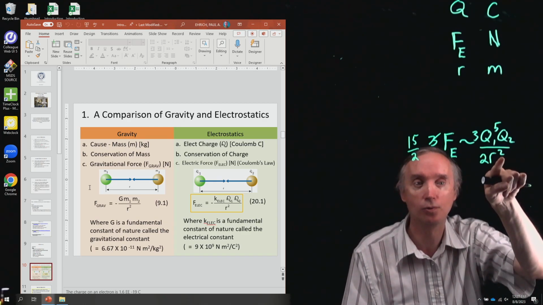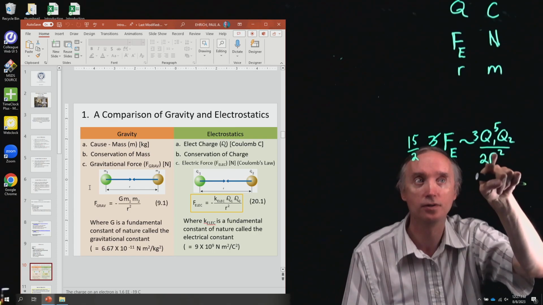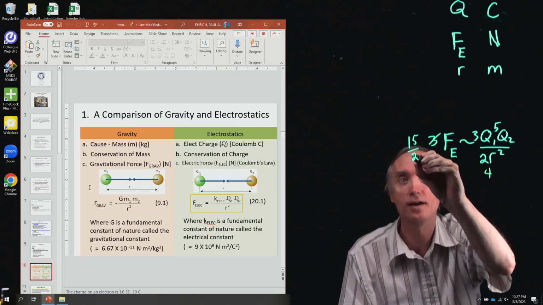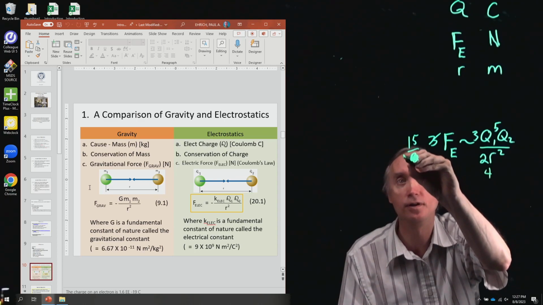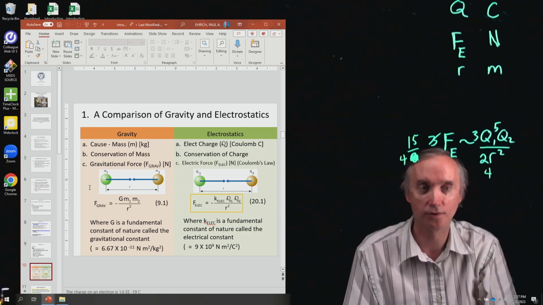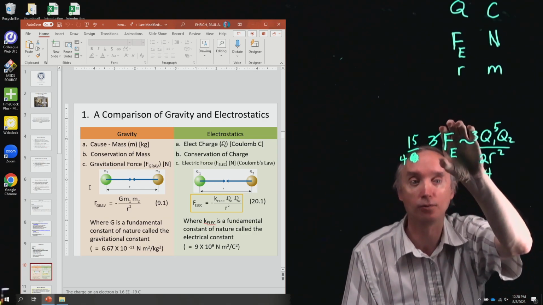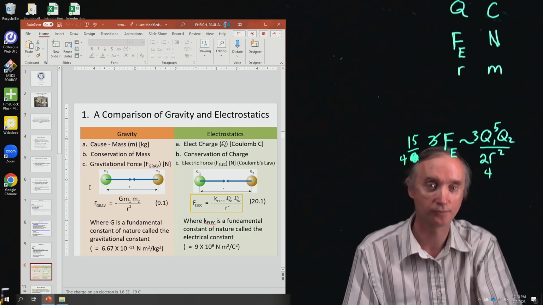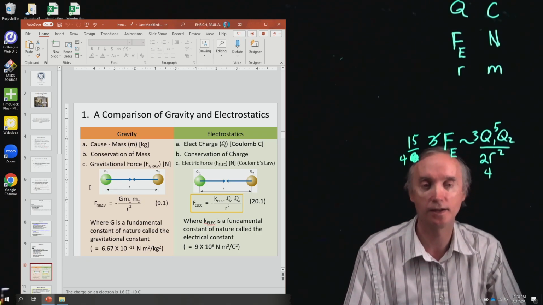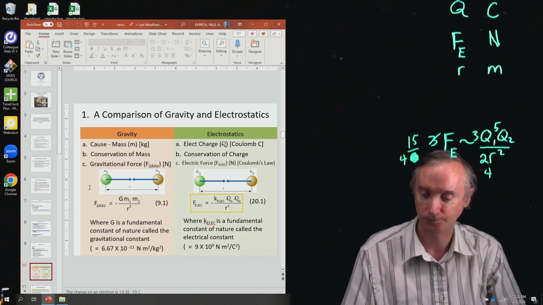You forgot to square it. So 2 squared is going to be 4, so that means that my total answer over here would be 15 divided by 4, times the original force. Okay, so those are kinds of questions I would want you to be able to answer on the exam.